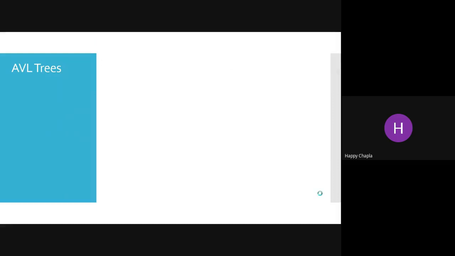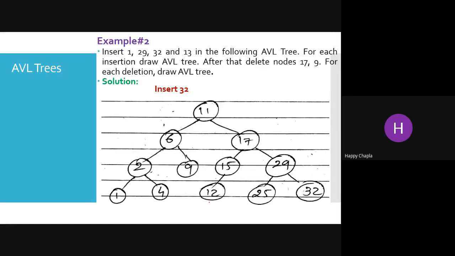If we are trying to insert 13, check that 13 is greater than this, so come over here. 13 is less than 15, left of 17. Now here 13 is less than my 15, so go into the left hand side. 13 is greater than 12, so over here we have to insert 13.